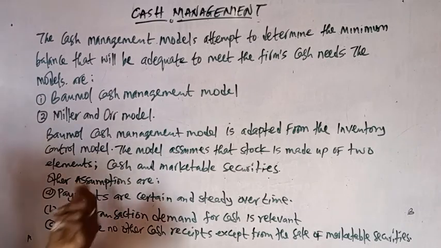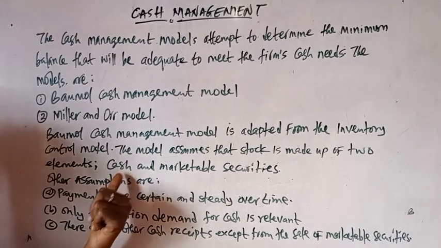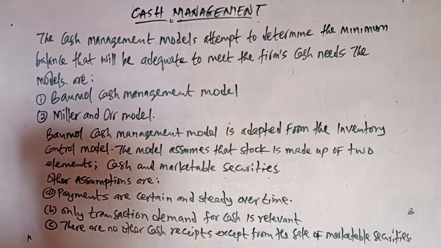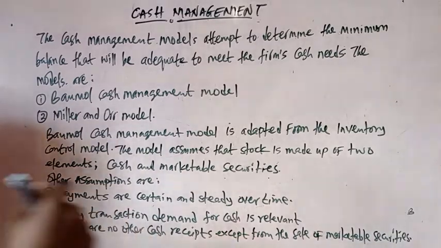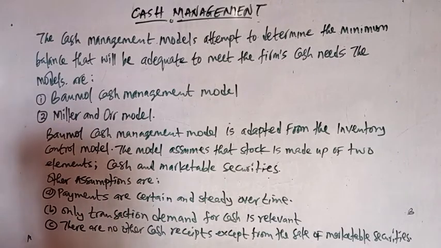And also, when we have excess cash, in order to bring it down to the optimal cash level, we have to invest in marketable security. So it flows between cash and marketable security to determine the optimal level of cash.